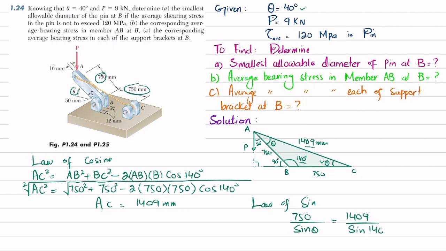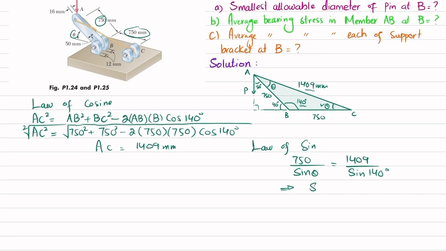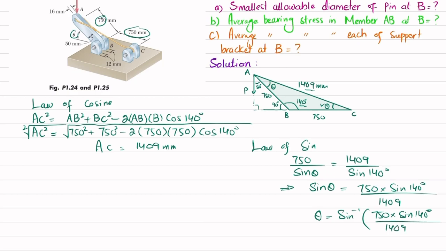So from here you will get sine of theta equal to 750 multiplied by sine of 140 degree divided by 1409, and theta is equal to sine inverse of 750 multiplied by sine of 140 degree divided by 1409. So you will get theta equal to 20 degree.